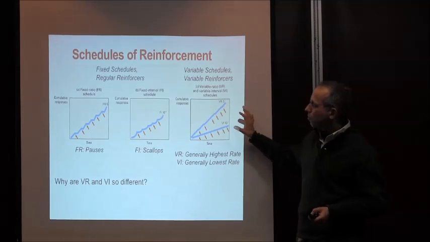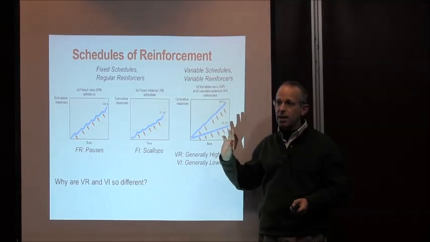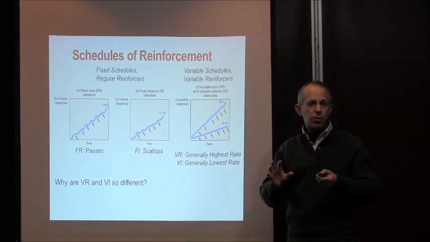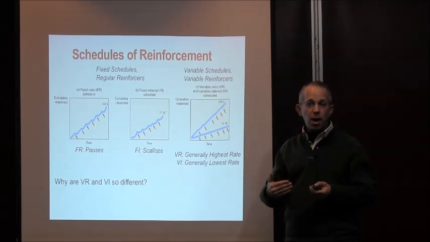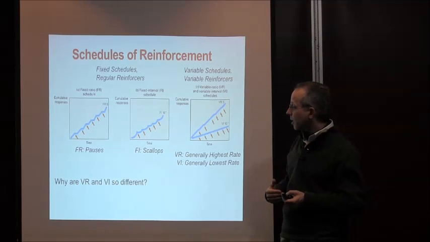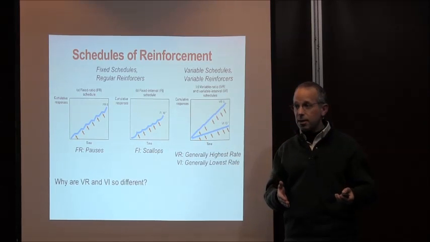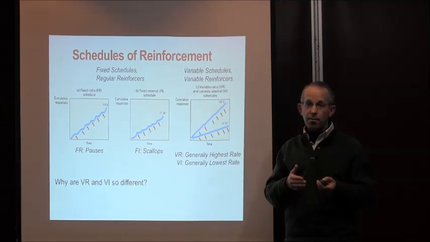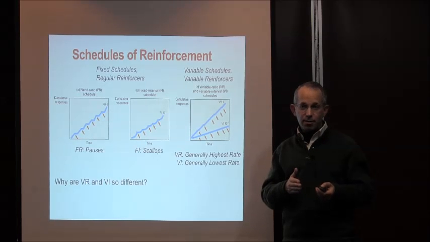So a lot of the studies of these kinds of schedules have looked at the ways in which they reinforce learning in different ways, and the kinds of responding that you get.